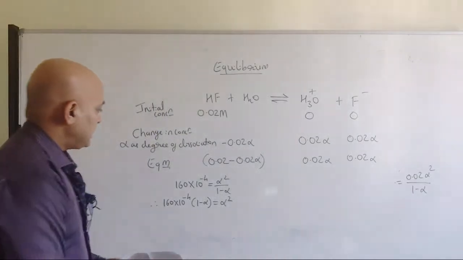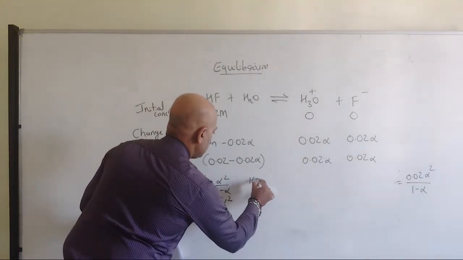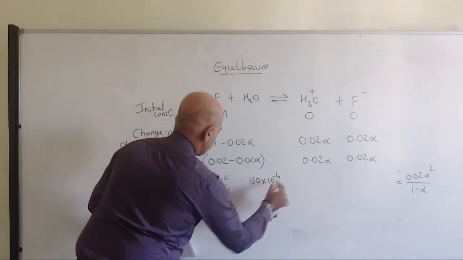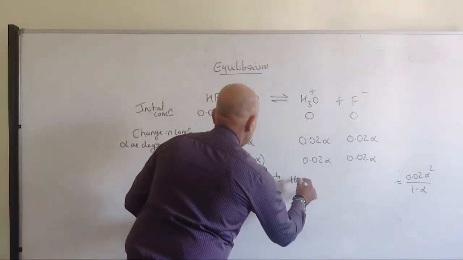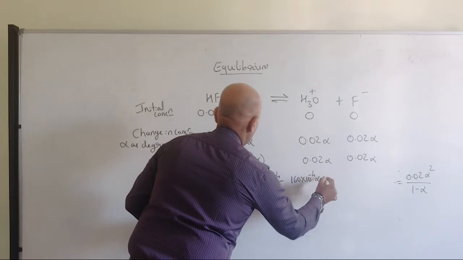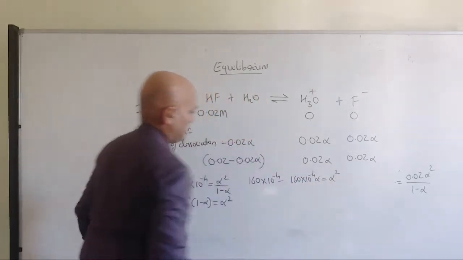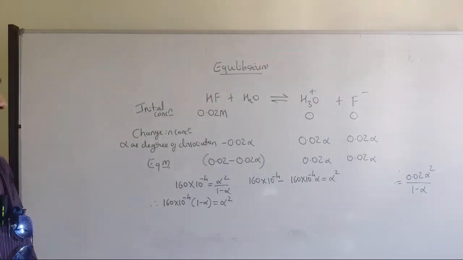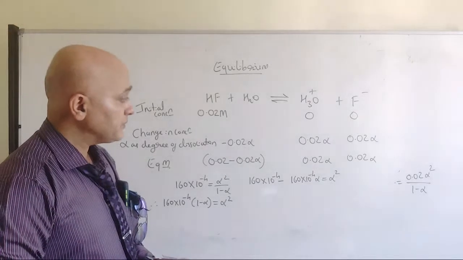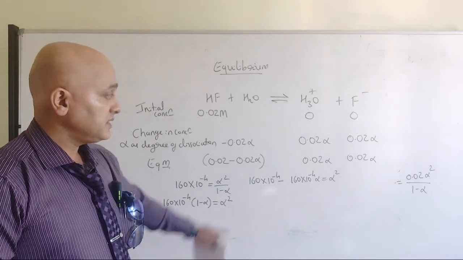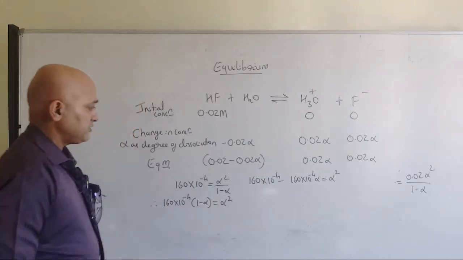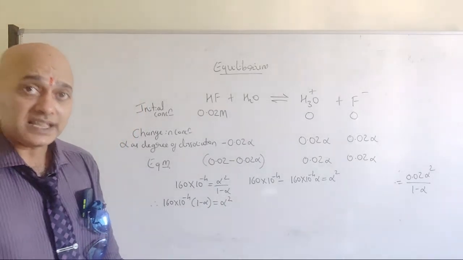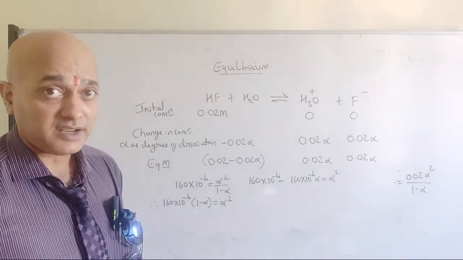Based on that, I can say that 160 into 10 to the power of minus 4 multiplied by 1, minus 160 into 10 to the power of minus 4 alpha, is equal to alpha square. Correct? Now, a very important point: we can make that 160 a reduced value, because otherwise it will be very difficult to calculate.